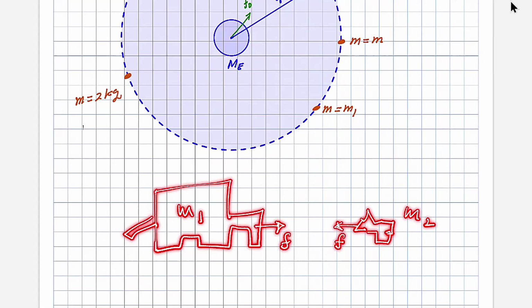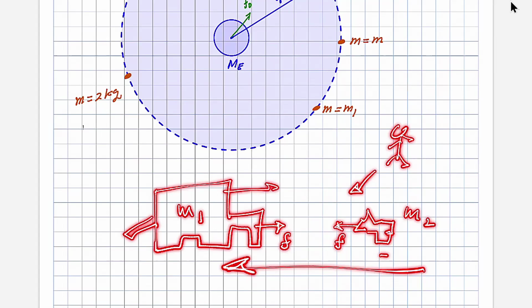What can be the observation? If you are looking at this incident, you can see the ant going very fast towards the elephant, but you can't see the elephant moving towards the ant. Why? The force acting on the ant and the elephant is the same, but you can see a huge speed here because of the ant's lesser mass.